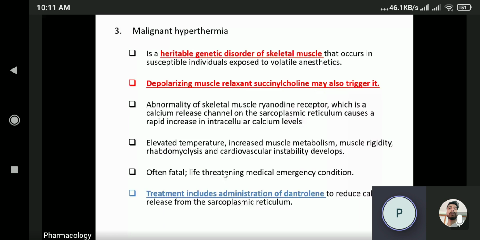You can relate it with pharmacogenetics. This is a heritable genetic disorder of the skeletal muscle that occurs in susceptible individuals exposed to volatile anesthetics, mainly halothane and sevoflurane.